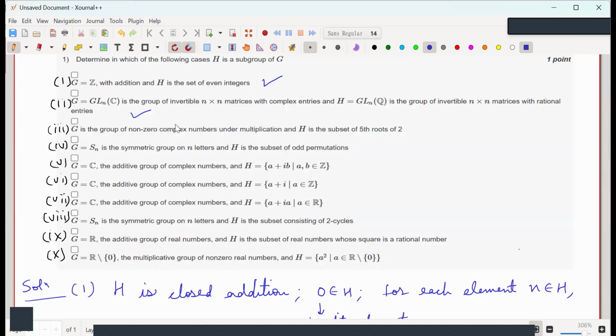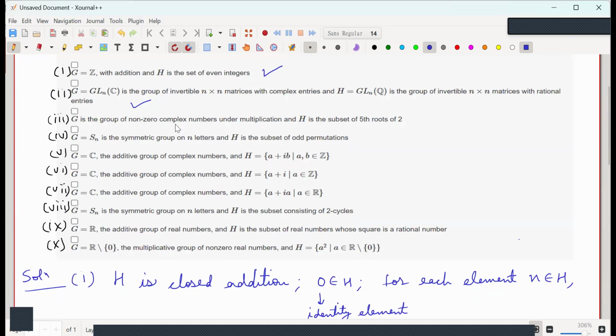Okay, good. So, what about the third one? Sir, I have a doubt. Does this mean that the matrix doesn't have zero anywhere?